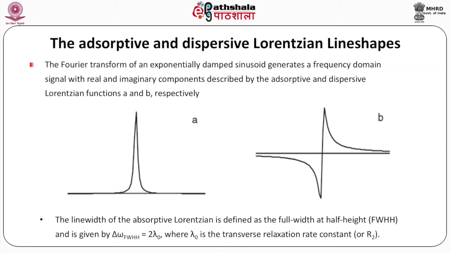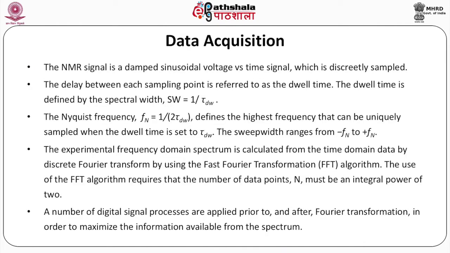The line width of the absorptive Lorentzian is defined as the full width at half height, FWHH, and is given by delta omega FWHH equal to 2 lambda 0, where lambda 0 is the transverse relaxation rate constant or R2.